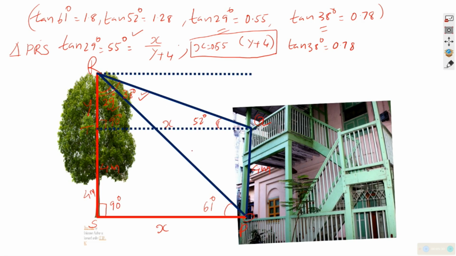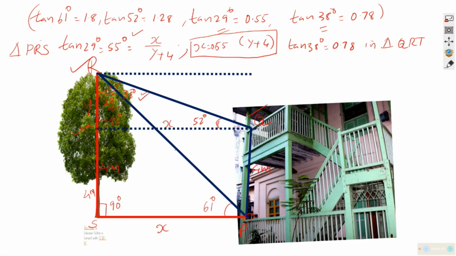So we will consider triangle QRT. In triangle QRT we will try for tan 38, so that we get the 38 degree case.